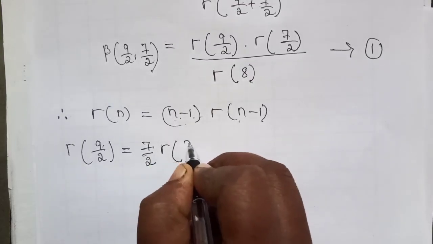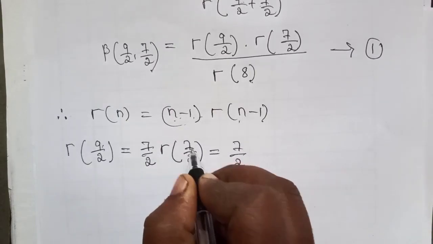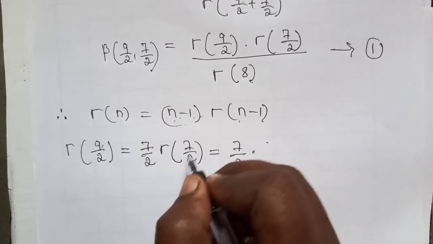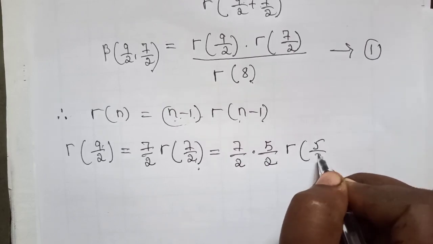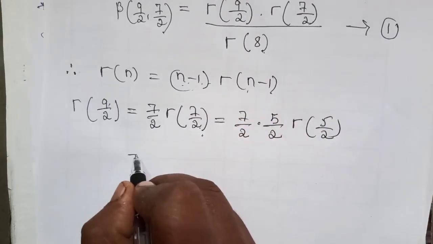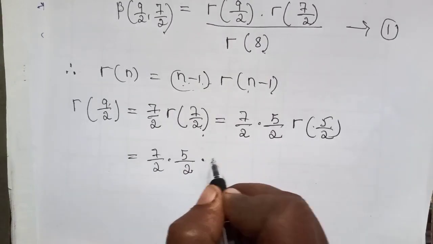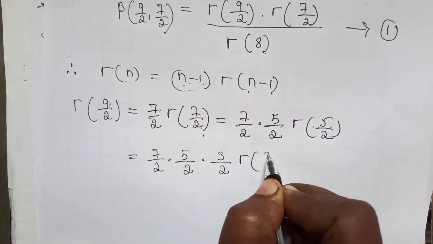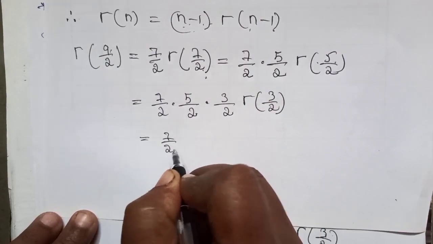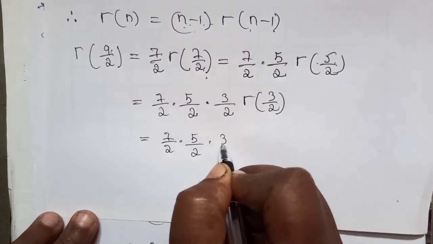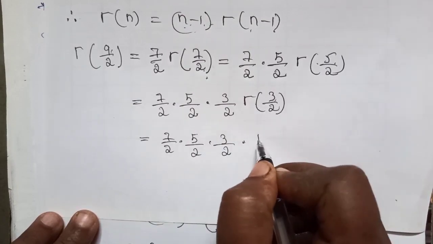Gamma of 7 by 2 is 5 by 2 into gamma of 5 by 2, which is 3 by 2 into gamma of 3 by 2, which is 1 by 2 into gamma of 1 by 2.